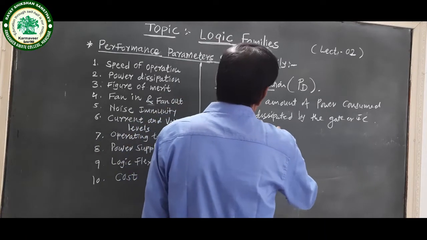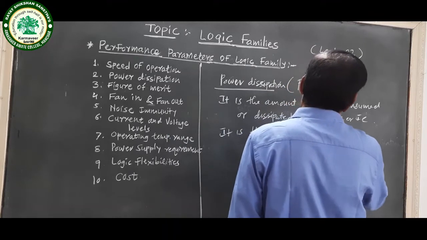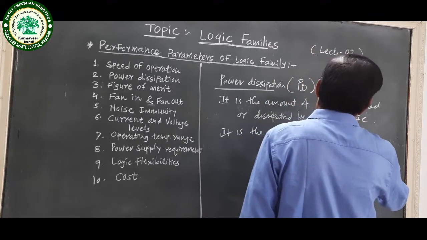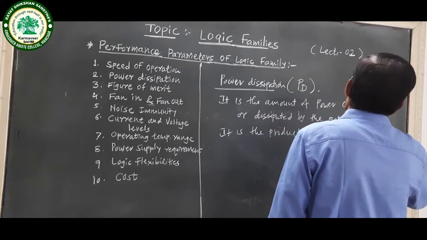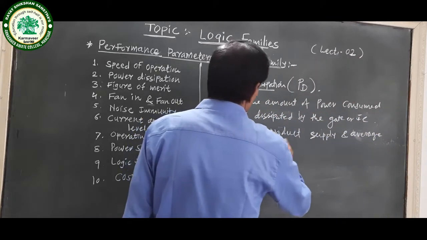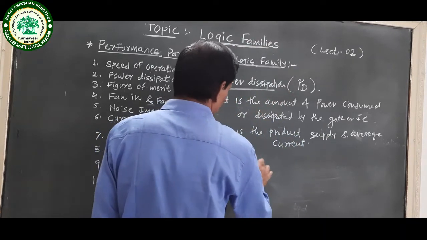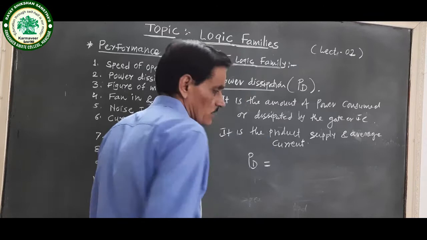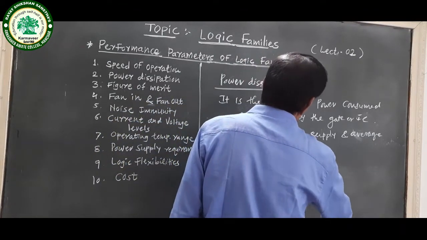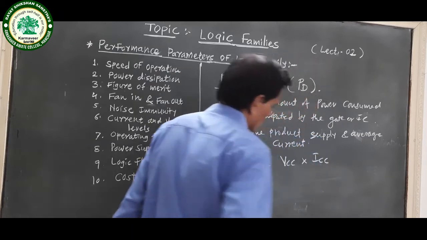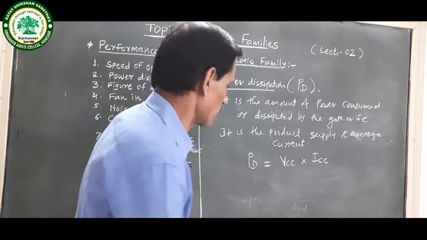Therefore, we can write the relation for PD as VCC into ICC. But the ICC has an average value.